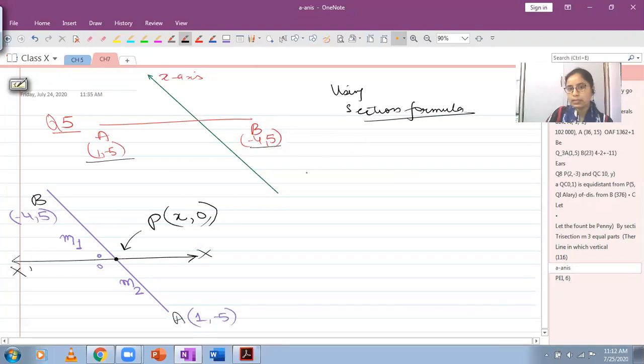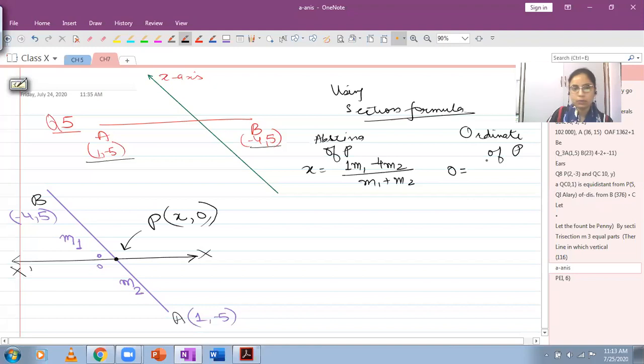If we use the section formula, the abscissa of P, x equals, here your formula will apply. After the application of the formula, this is what you will have: (1·m1 minus 4·m2) over (m1 plus m2). And if I look at the ordinate of P, applying the section formula, the ordinate of P will be equal to 0, which is equal to (minus 5·m1 plus 5·m2) over (m1 plus m2).